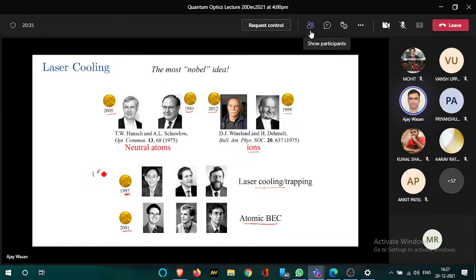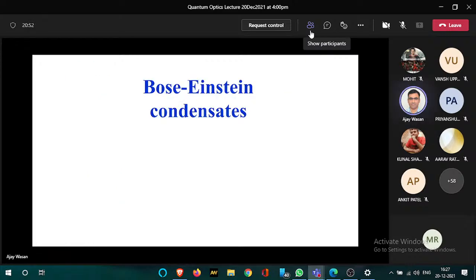I think by 1985, cooling was done. It took many years, but the Nobel Prize was given because when the applications started coming, on that basis they got this Nobel Prize. Okay, so I'm coming to more details to understand BEC, Bose-Einstein condensation.